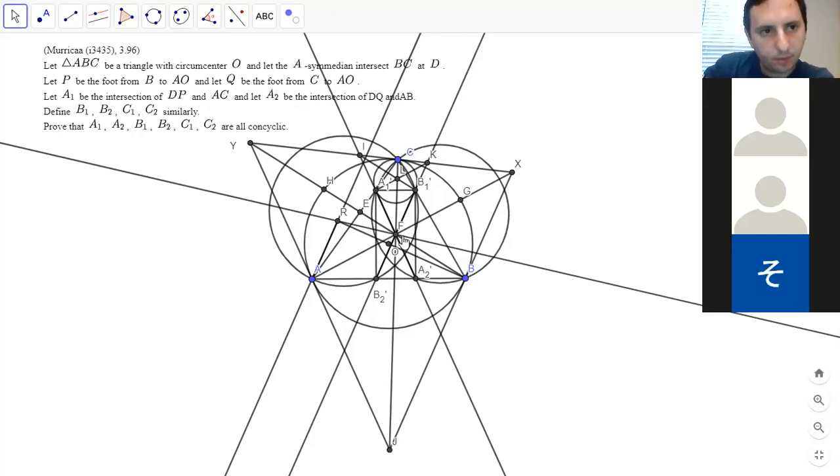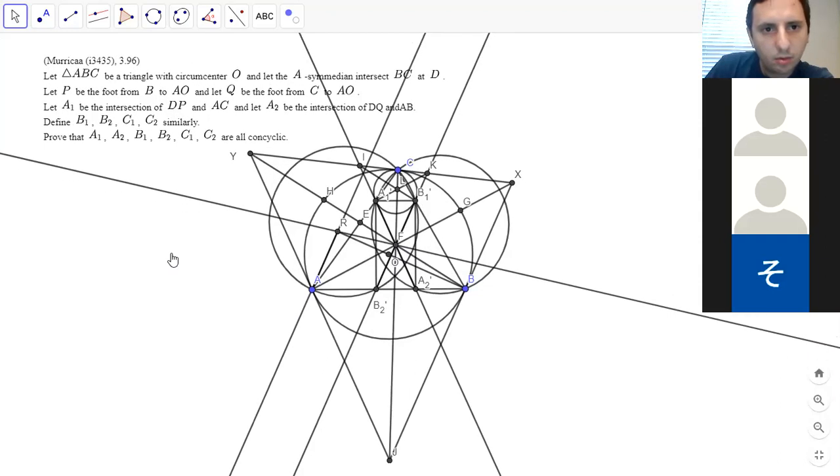Yeah, D. Okay, so we define A1 as the intersection of... We will first prove this lemma, then we will take D as a special point.